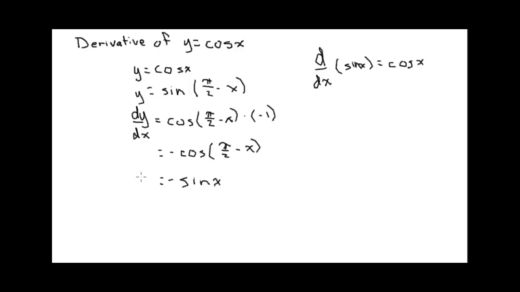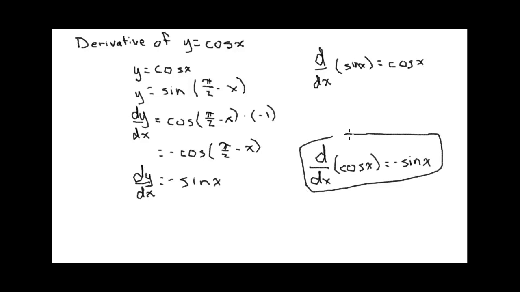So we get that dy by dx is negative sine x. So that's the rule: the derivative of cos is equal to negative sine. So there we got two rules, the derivative of sine and the derivative of cos. Pretty easy to remember. Derivative of sine, cos; derivative of cos, negative sine.